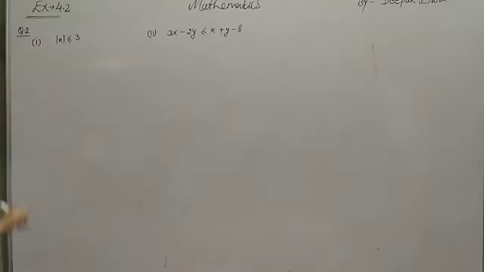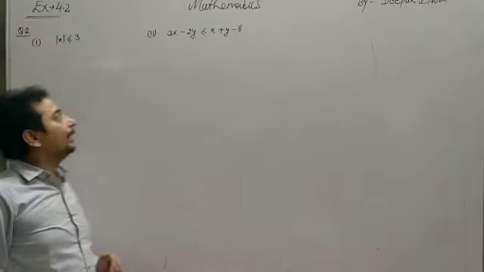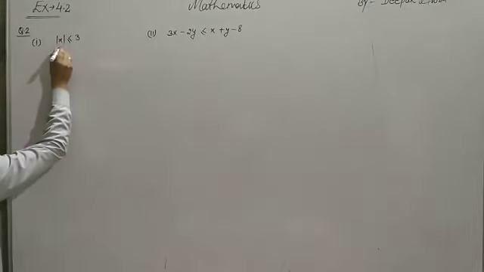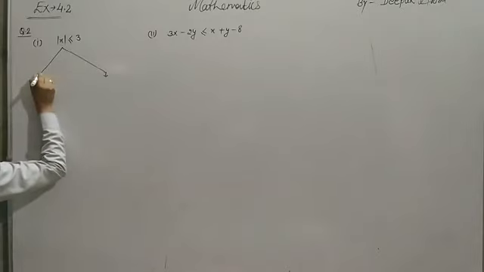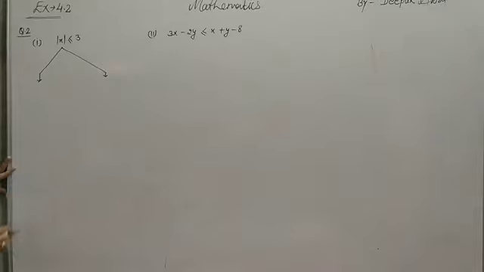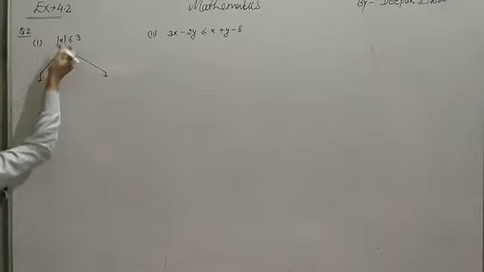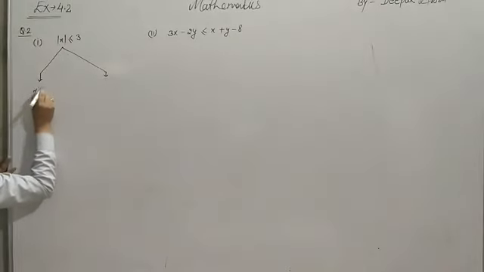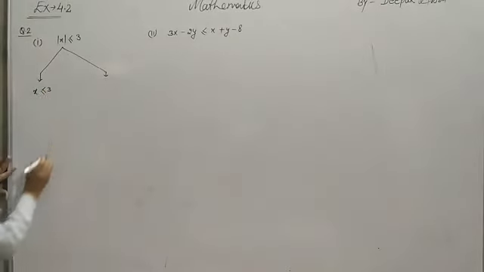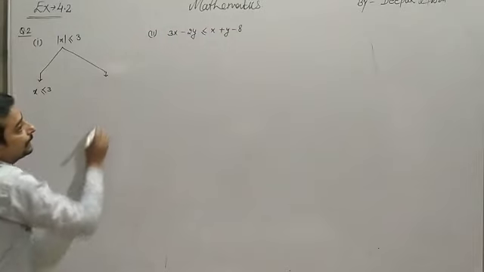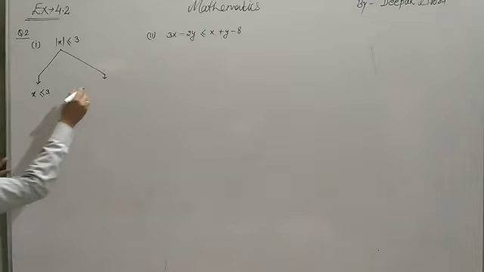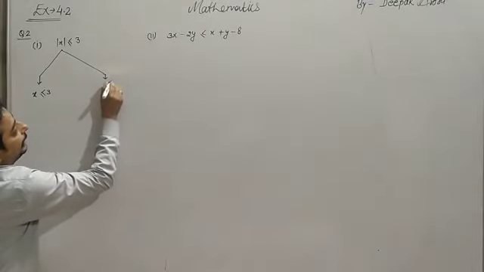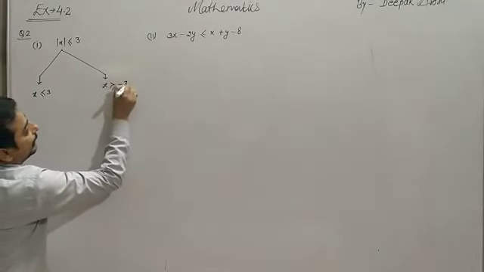Now the second question is: mod of x is less than or equal to 3. First of all, we break it into two parts because the equation has a modulus. So mod of x is less than 3. First, write the same value: x is less than 3. Second, with the negative sign, x is greater than or equal to minus 3.